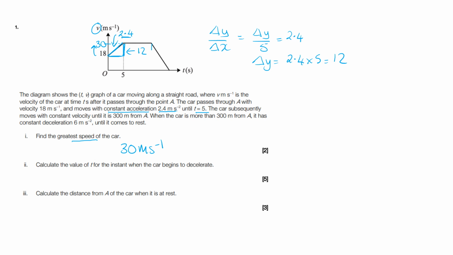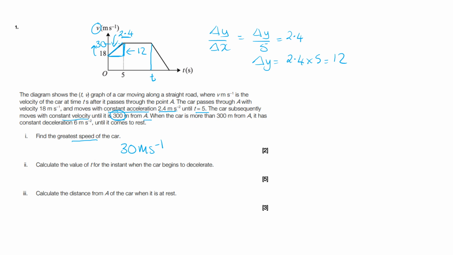Part 2, calculate the value of t the instant the car begins to decelerate. Well, that is here, and we're looking for this t value here. Now the next thing we're told is that the car moves with constant velocity until it is 300 meters away from A, and A was the starting point. So this is giving us a distance.